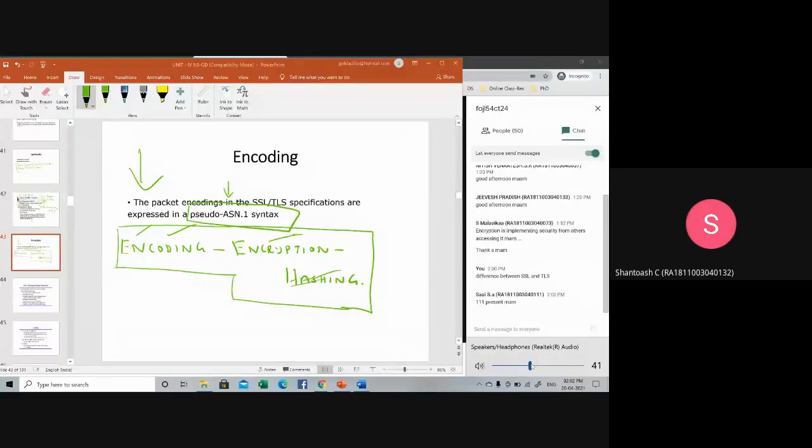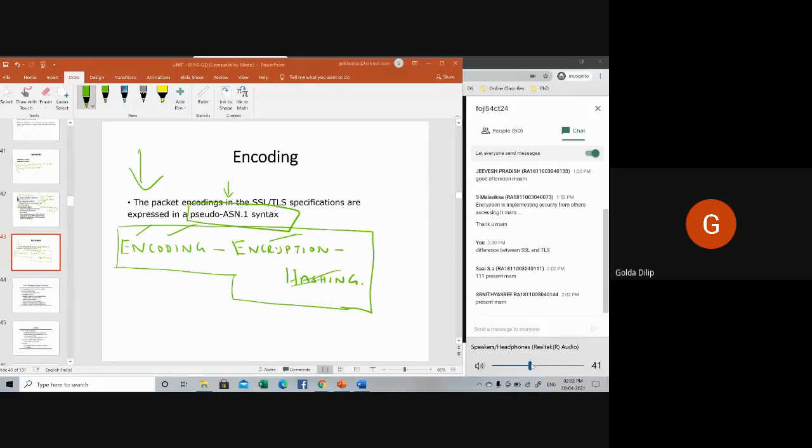Present, ma'am. Jeevesh. 133. Present, ma'am. Nityashri. Ayushi. Present, ma'am. Reson. 23. Present. Sarthak. Present, ma'am. Pranay Matthew. Present, ma'am. Rishon. 31. Okay, noted. Anshuman. Present, ma'am. Rajanish Yadav. Present, ma'am.